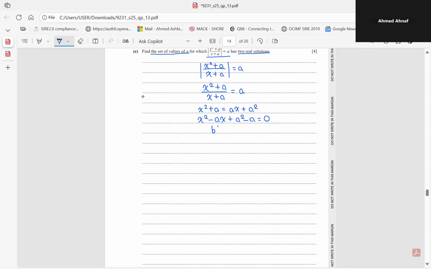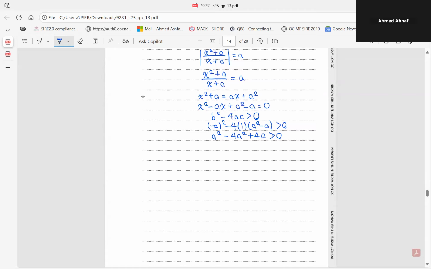Squared minus a squared goes to 0. So this is a squared minus 4a squared plus 4a more than 0. Okay, so this is minus 3a squared plus 4a more than 0. Okay, let's get rid of the negative coefficient and flip the inequality sign.